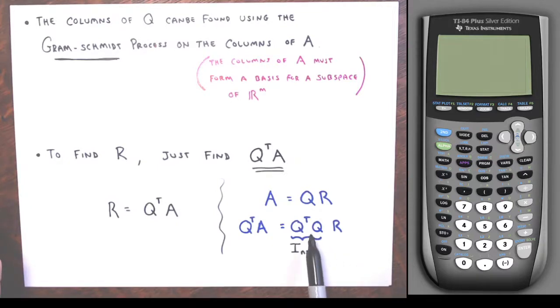We're relying on this fact, that if Q has orthonormal columns, then Q transpose times Q will be the n by n identity matrix. And so I'm left with R equals Q transpose A. I'll show you a demonstration of this later too, that if a matrix has orthonormal columns, its transpose times it will give me an identity matrix.